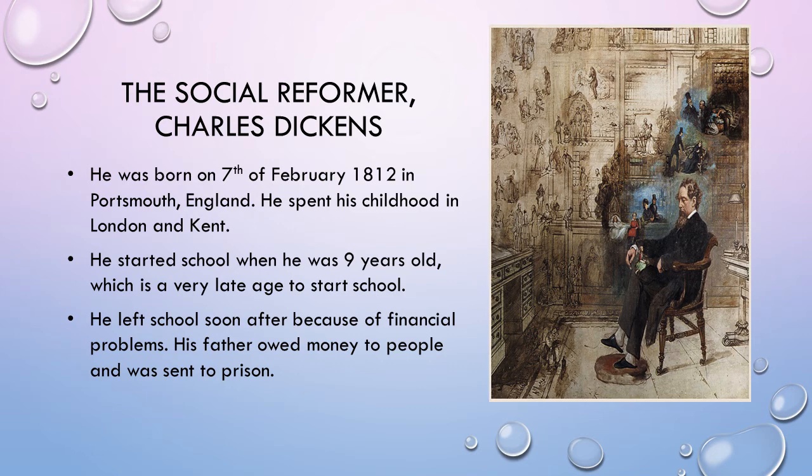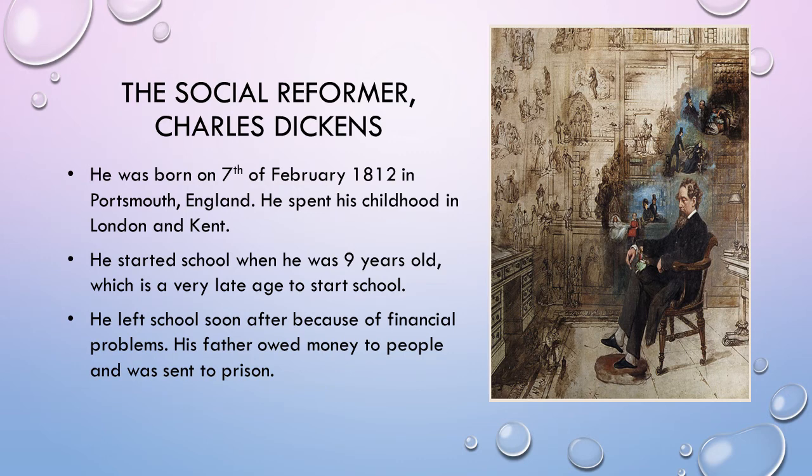He was born on the 7th of February 1812 in Portsmouth, England, and he spent his childhood in London and Kent. He started school when he was 9 years old, which is a very late age to start school. He left school soon after because of financial problems. He didn't have enough money and his family was poor. And his father owed money to people and was sent to prison.